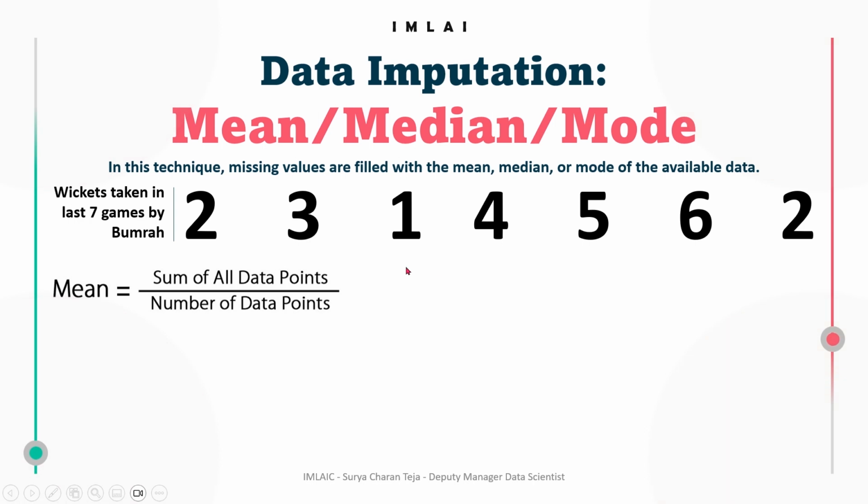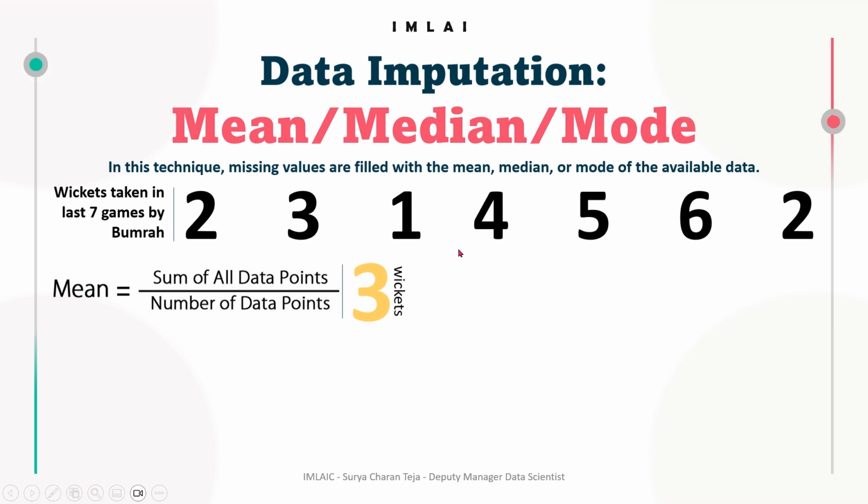Sum of the data points divided by the number of data points gives the mean, which is about 3.2. As wickets are discrete, I have rounded down to the floor. So Bumrah has taken 3 wickets on average in every match.